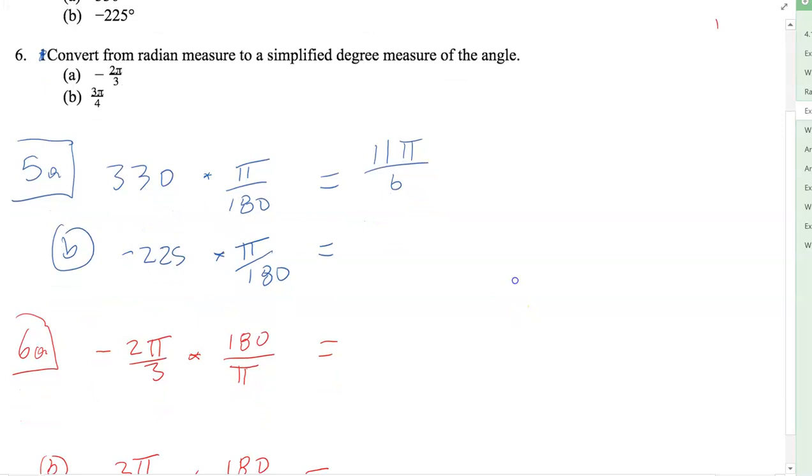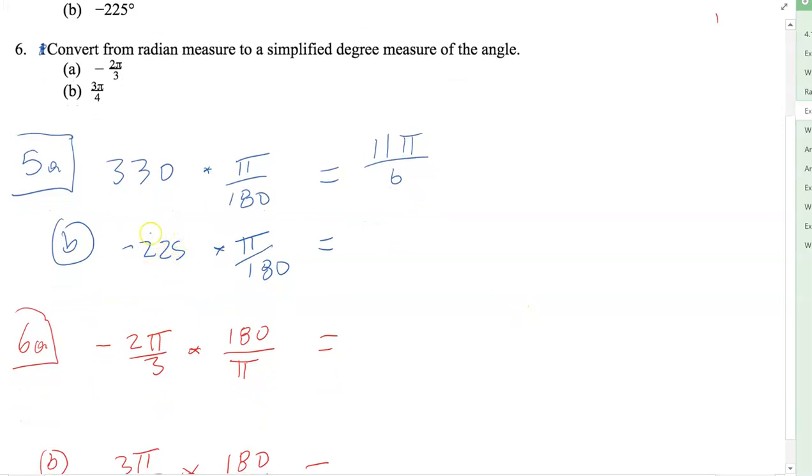That's the answer. Again, converting from degrees to radians, negative 225 degrees multiplied by pi over 180 becomes negative 5 pi over 4.